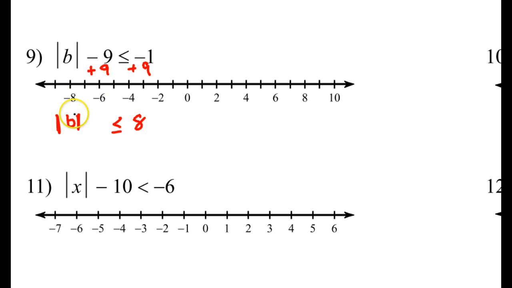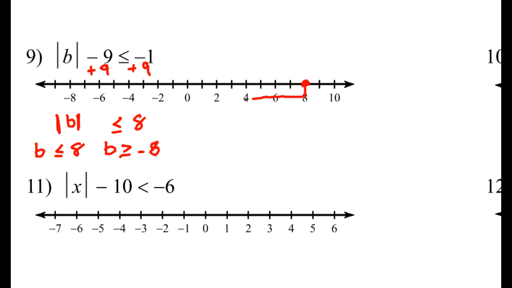So what numbers are less than 8 away from 0? Break it up into 2. So we got b is less than or equal to 8, and b is greater than or equal to negative 8. Which is the same thing as that if you get this. Less than 8, right?